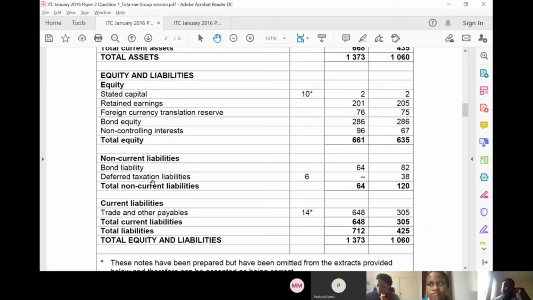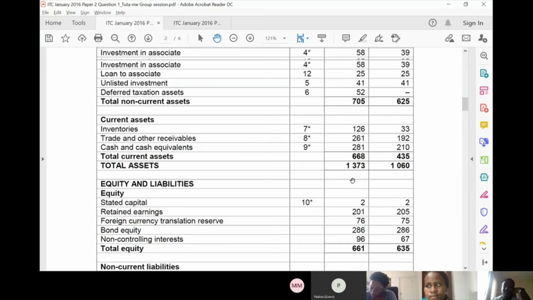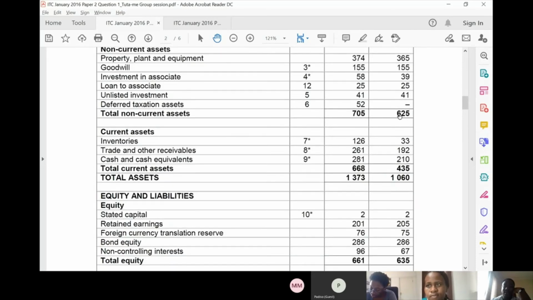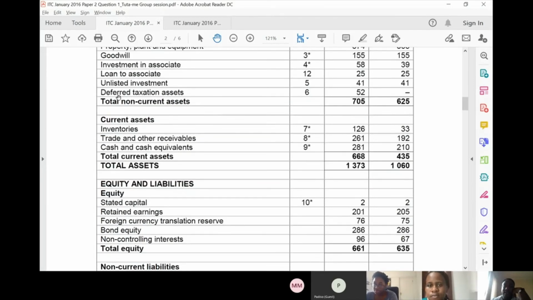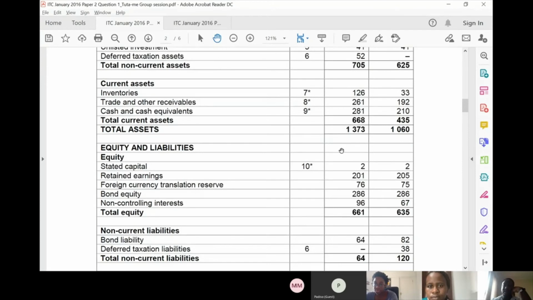Right, then deferred tax liabilities, we can see that they had a liability, now they have a zero balance. Here they had a zero balance, now they have a positive balance. So this is implying to me that these are tax assets. We had deferred tax assets, we had deferred tax liabilities, we've offset them.